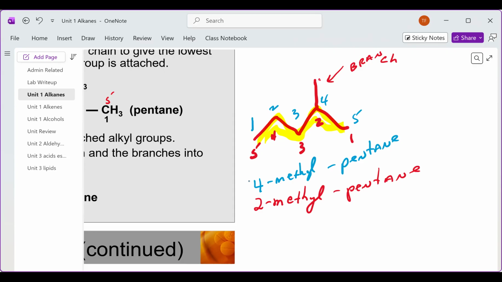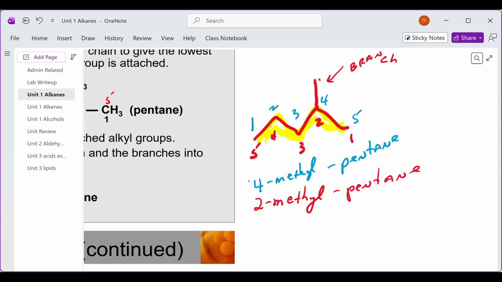Well, let's look at the numbering system. Okay, there's no number here. Sometimes there's a number here, particularly with the next subunit we talk about, alkenes and alcohols. There's going to be another number here in the middle. But with alkanes, there's no number there. Okay, so we have a 4-methyl and a 2-methyl.